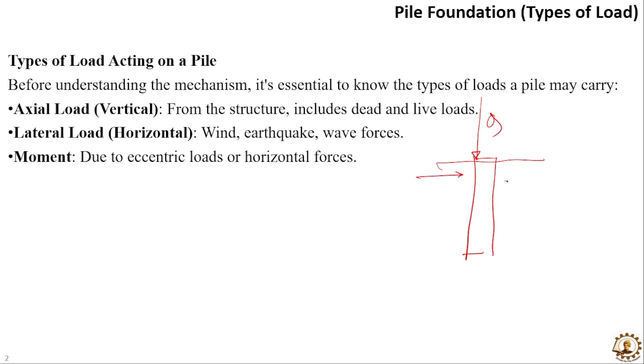If the load is acting in the lateral direction, that is known as a horizontal or lateral load, and examples are wind forces, earthquake and wave forces. And if the load coming from the superstructure acts in an eccentric manner, then a moment will generate in the pile, and it is known as moment load.